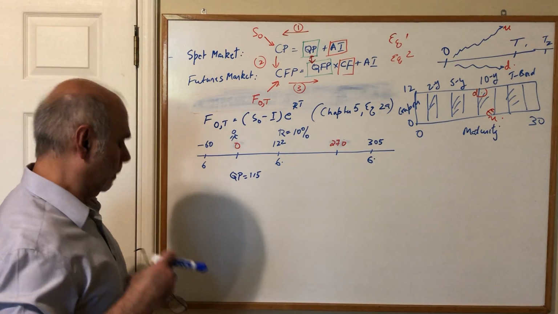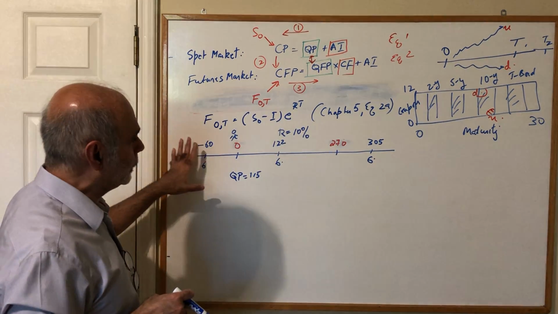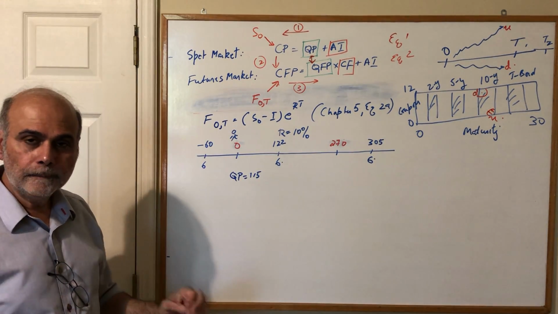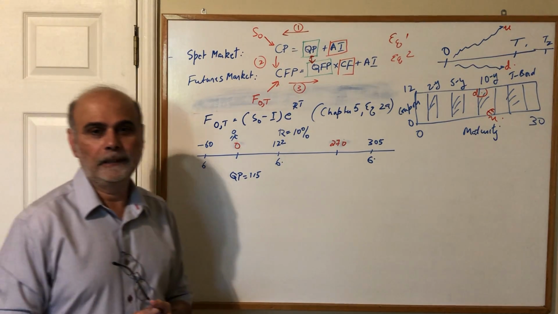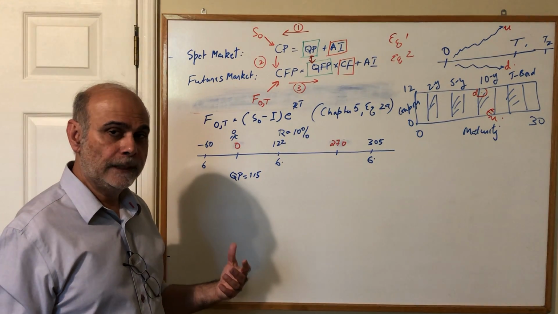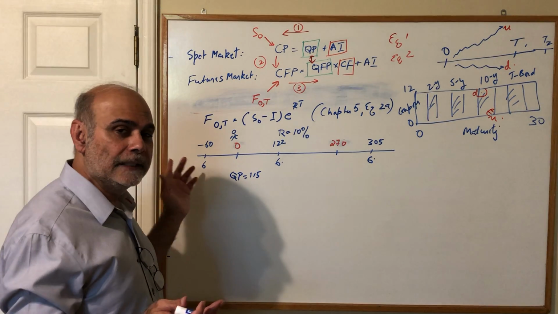Okay, so we start out with this. Once I know the cheapest to deliver bond, notice this timeline of cash flows is written for what I anticipate will be the cheapest to deliver bond. Now, if I make a wrong assessment of what I anticipate to be the cheapest to deliver bond, what will my analysis give me?